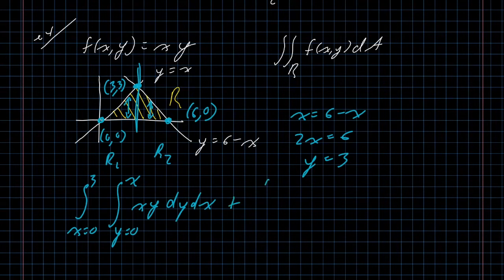Then I can look at the other half, where x goes from 3 to 6, and y goes from 0 to 6 minus x, of the same integrand, xy dy dx.